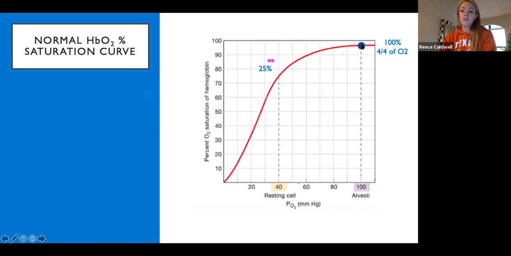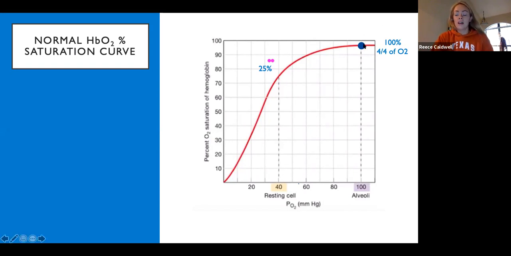At this point it's about 97%, but we can simplify it to 100% saturation, meaning that 4 out of the 4 binding sites of the hemoglobin are bound by oxygen. We're going to look at what hemoglobin looks like in just a little bit, but for now, just know that hemoglobin is a molecule that has 4 binding sites. And in the lungs, 4 out of the 4 binding sites are bound by oxygen, so they are fully filled.